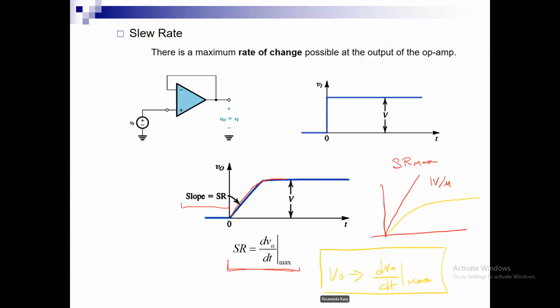Okay, and I need to compare this to the pre-specified criteria, which is the SR max that I am told of for the specific circuit. So they tell me the SR for you is this maximum. Calculate your dVO by dt. Find for me the maximum possible value of it, and let's see if you're going to violate the criteria or not.